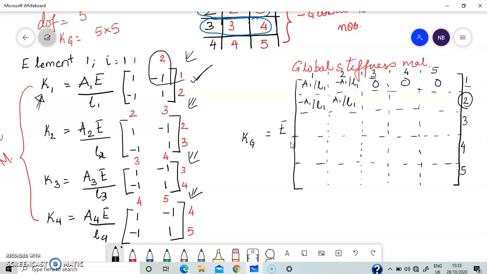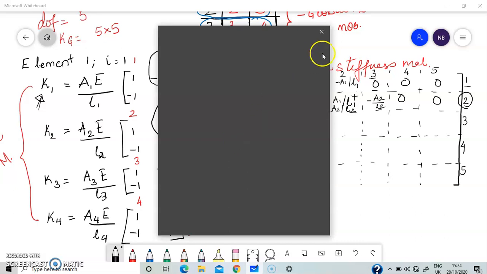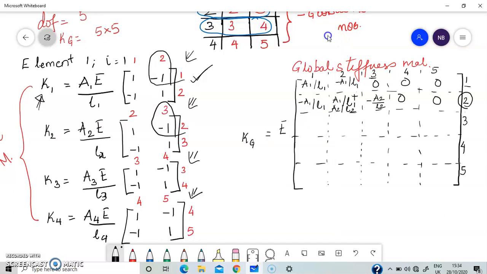Now row 2, column 2, there is another term here which is A2 upon L2, so there will be plus A2 upon L2. Row 2, column 3 is minus A2 upon L2. Row 2, column 4 and row 2, column 5 are not there in any of the matrices, so these will be 0.